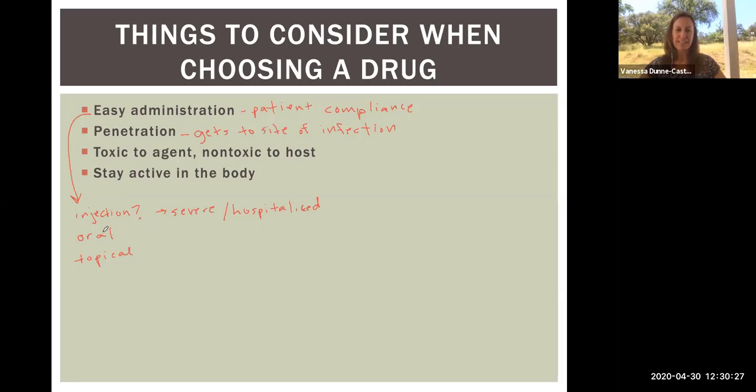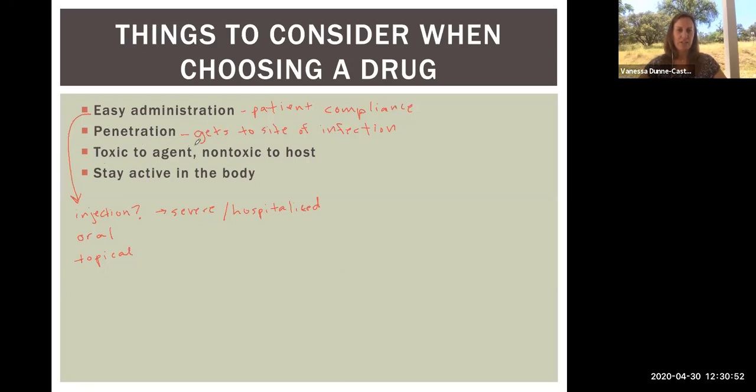So how easy is that oral medication going to get all the way down to that really external part of the toe, right underneath the toe, or right in that toenail bed? And is it going to get there in high enough amounts or high enough concentration to have effectiveness there?